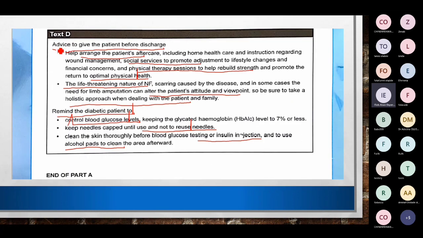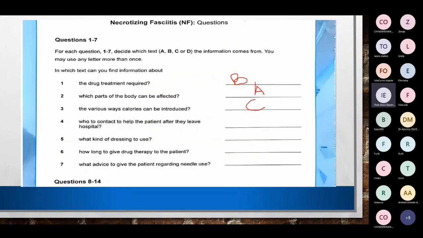Now, D talks about advice to give a patient before discharge. The question is who to contact. You can see in addition to the fact that we underlined advice to give the patient, we also underlined help arrange the patient's aftercare. So just come back here and provide the answer as D.